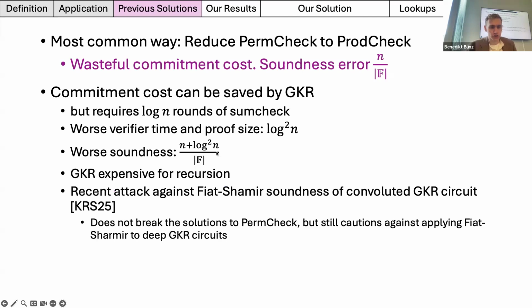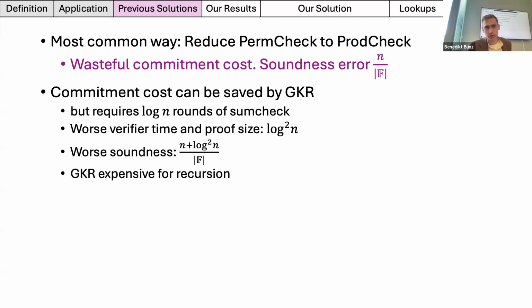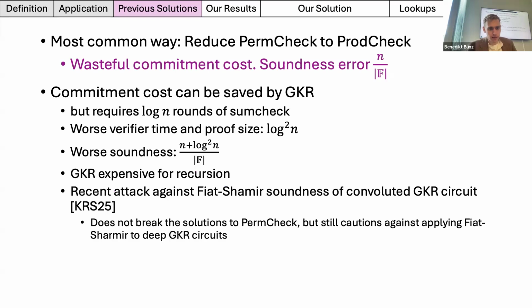GKR also, as we saw this morning when we talked about recursion, is kind of expensive for recursion. And recently there were some Fiat-Shamir attacks on the soundness of a more convoluted GKR circuit.